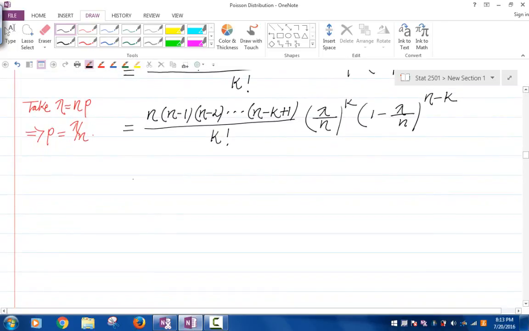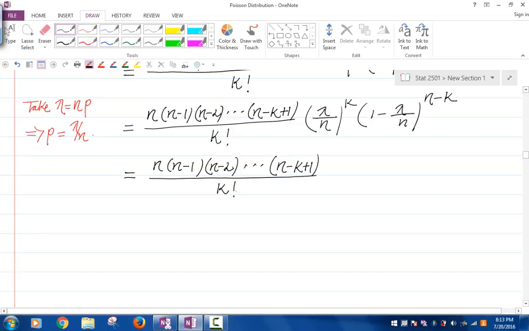Okay, so next we will do the following. We're going to write n times n minus 1 times n minus 2 dot dot dot n minus k plus 1, divided by k factorial, lambda to the k over n to the k, times 1 minus lambda over n to the n minus k.